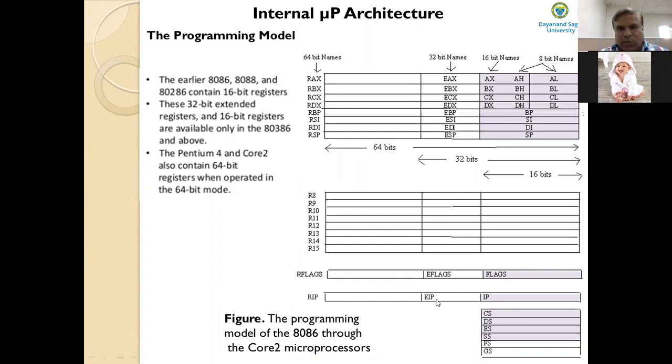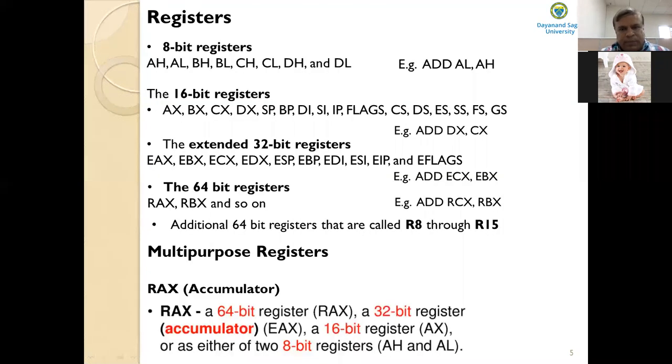These are the 32-bit registers, and they are referred to using these 3-letter designations. Here is an example: add ECX, EBX. Here the 32-bit content of the EBX register will be added with the 32-bit content of the ECX register.